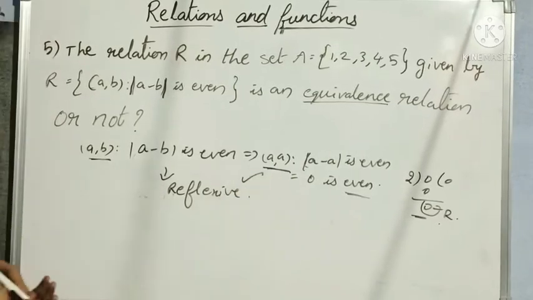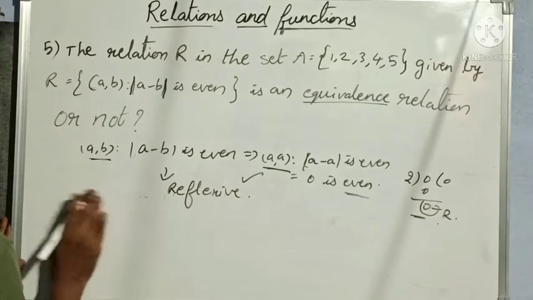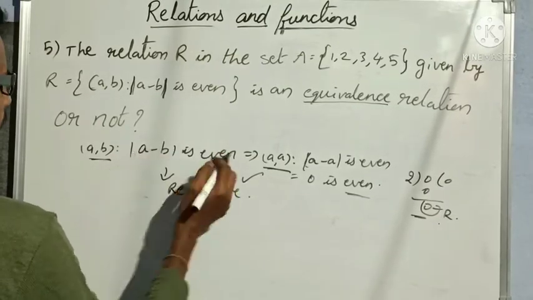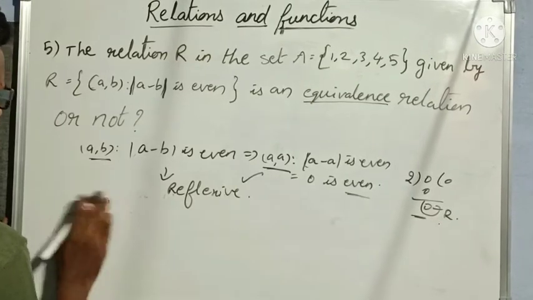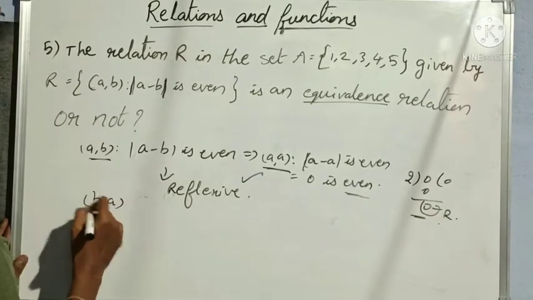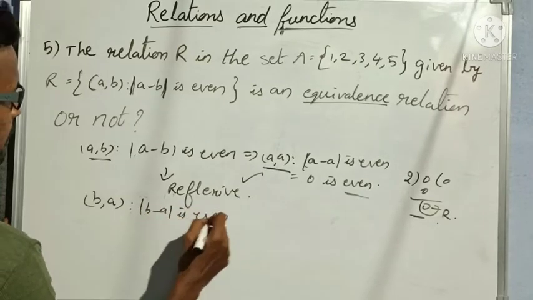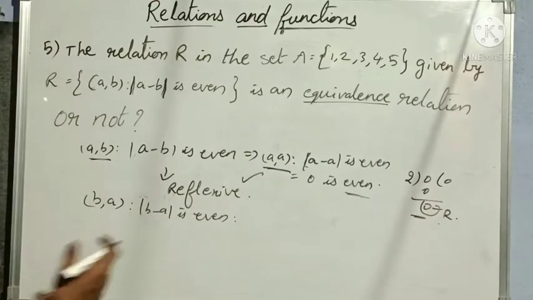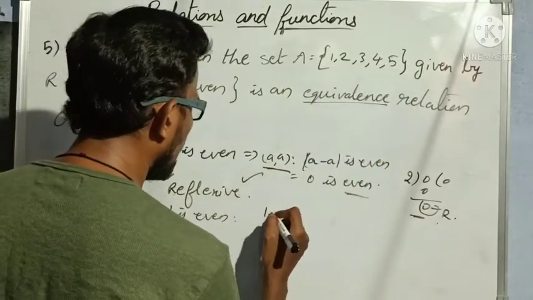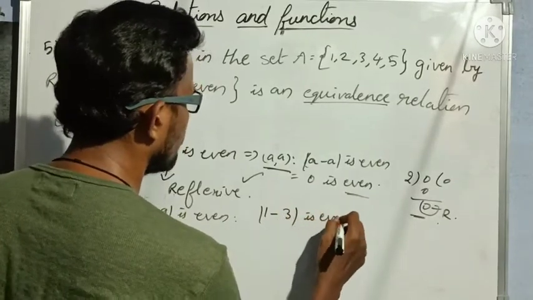Okay, next let us see our next condition, symmetric. So (a, b) belongs to R such that modulus of a minus b is even. Then there should be one more element, (b, a), such that modulus of b minus a is even. Right? So let us take one example from this. Suppose I take 1 minus 3. Modulus of 1 minus 3 is even.